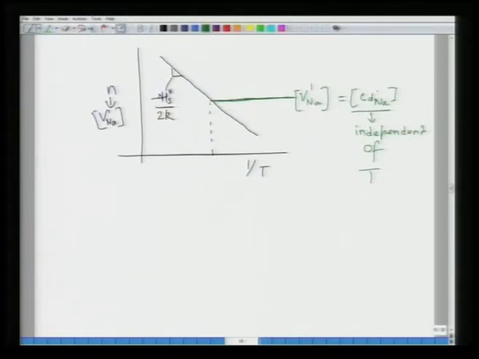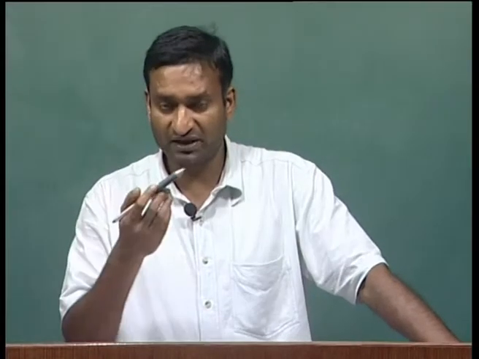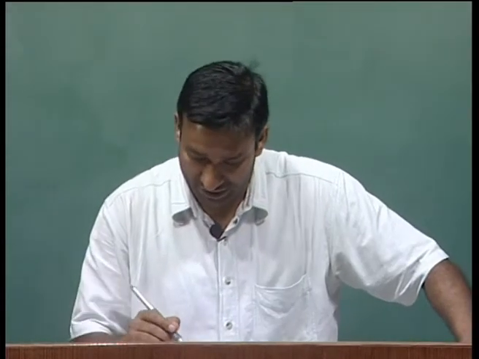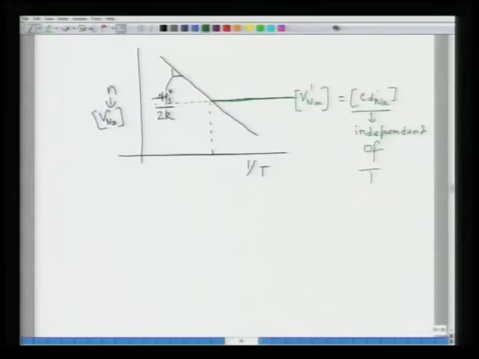Now, however, there is going to be a point when thermally created vacancies due to the Schottky effect are going to take over. After a certain temperature, the thermally created vacancies start creeping in and start dominating, so this curve will follow like this. After this point, V_Na is governed by temperature.